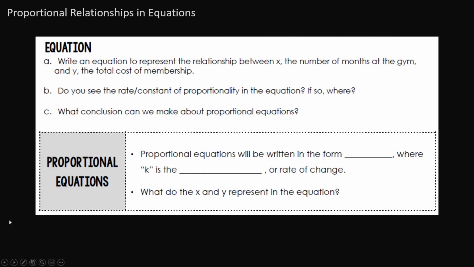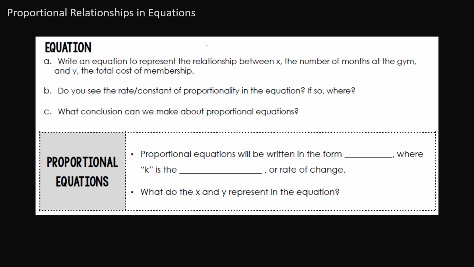Now let's talk about equations. We've been toying with the idea of an equation to represent this same relationship. So we want to write an equation to represent the relationship between x, the number of months at the gym, and y, the total cost of membership.